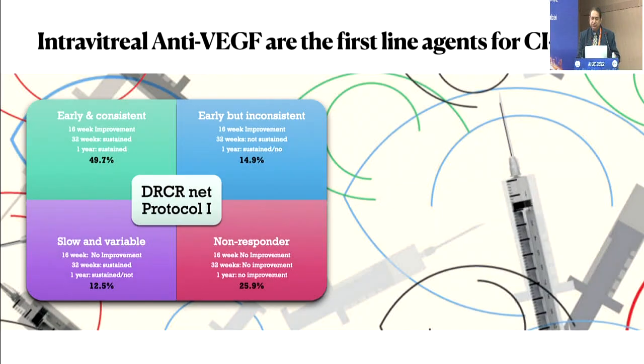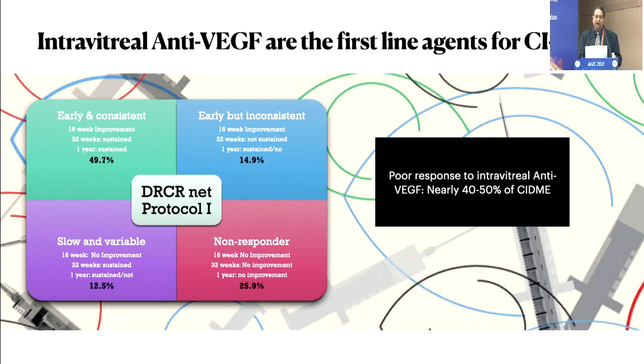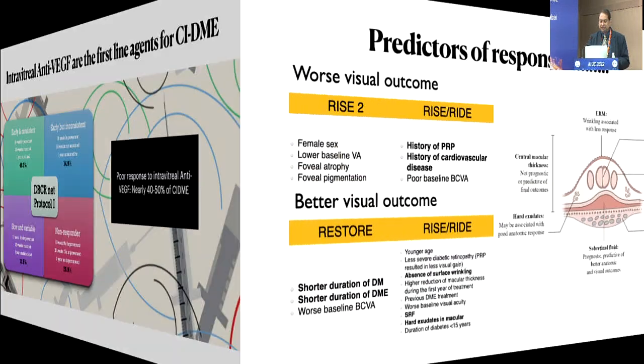So Unni had shown this, that DRCRNet Protocol I did tell us that early and consistent effects are seen in about 49%. And then you have all these 4 categories. Approximately 40 to 50% of center-involving DME have variable, poor response to intravitreal anti-VEGF agents.